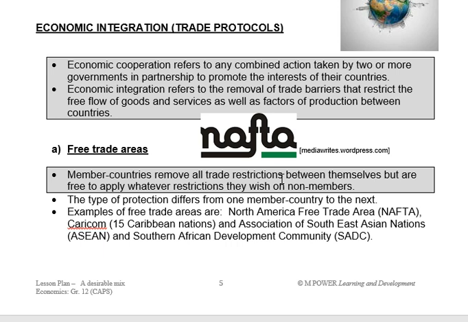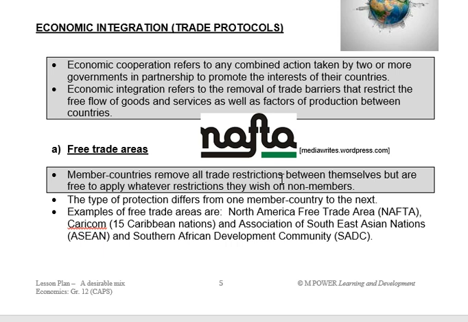Now, if we look at the steps, the first step is called a free trade area. When you have a free trade area, this means that member countries will remove all trade restrictions between themselves, but they are free to apply whatever restrictions they wish on non-members.